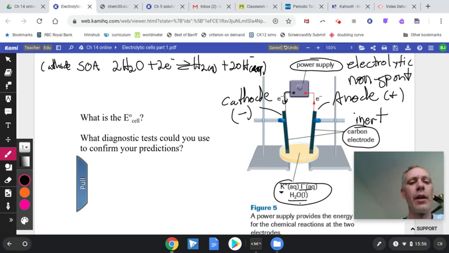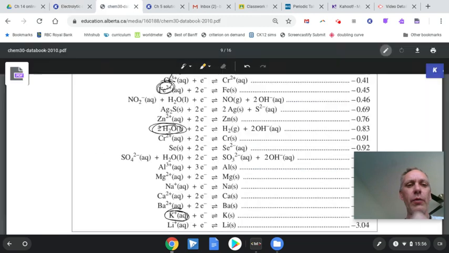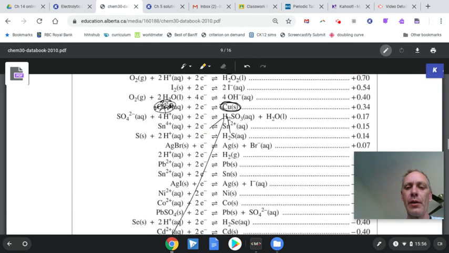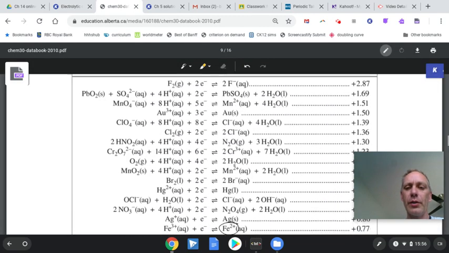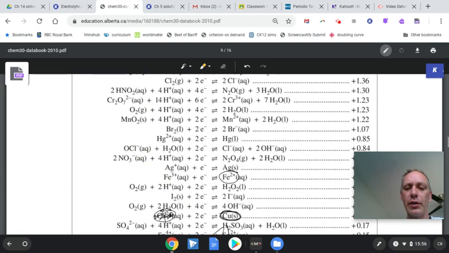Okay. Strongest reducing agent. We can go searching again. K plus, I minus, water. Here is water, and here's I minus. Remember they get stronger as you go down.